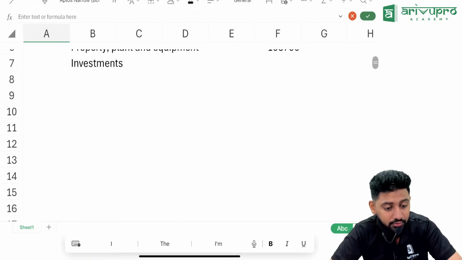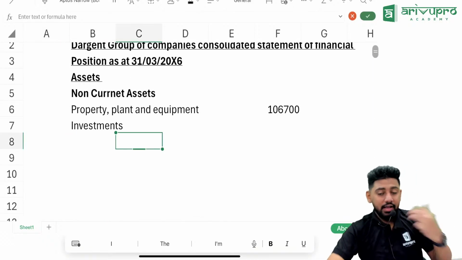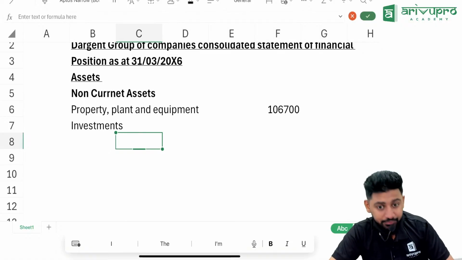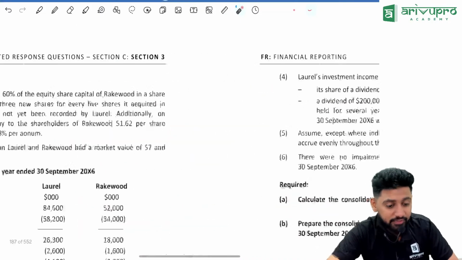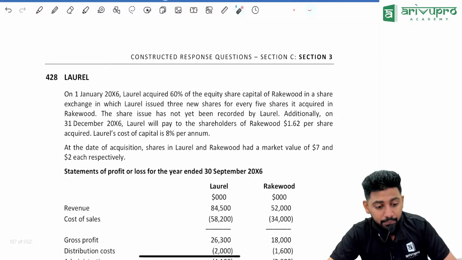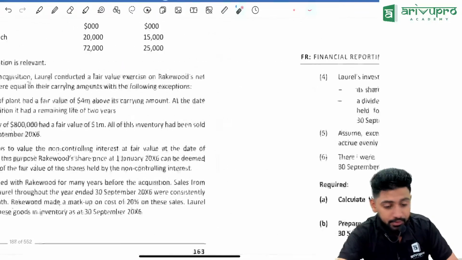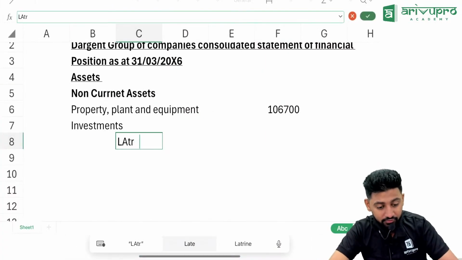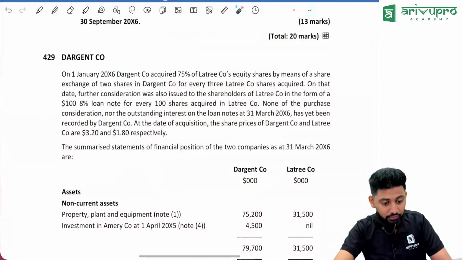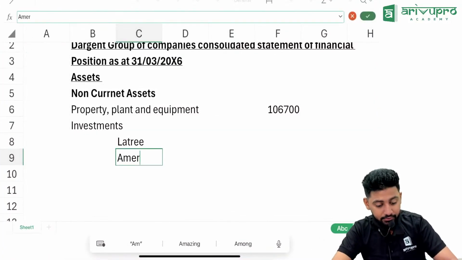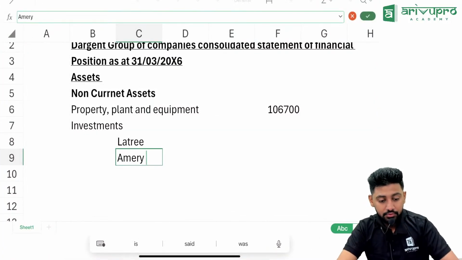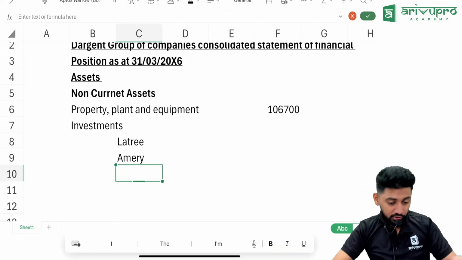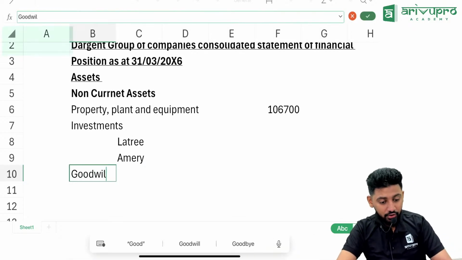So therefore, my investments will have investments in subsidiary, and the name of the subsidiary will be Latry. So I will be having investments in Latry, and then I will also be having investments in Amari. Done. Investment in Latry will result in goodwill on acquisition.